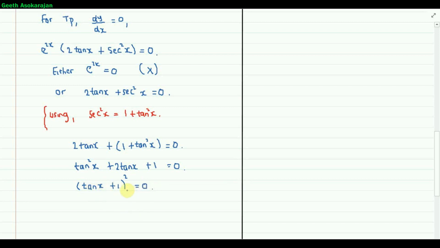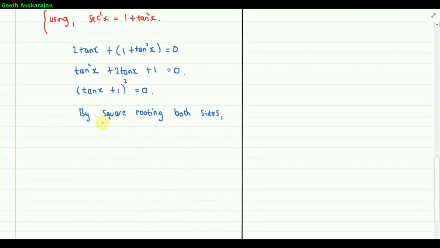And if I take a square root on both sides, the left hand side will be, as a result, tan x plus 1, and if I square root the right, we'll have 0.